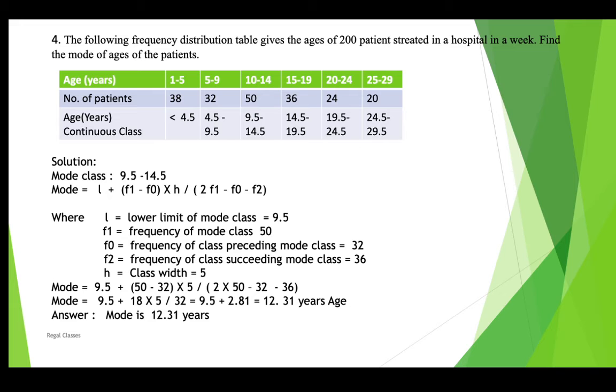See here 5-9, 10-14. It's not continuous. So first you have to convert it into continuous classes, which is given here in the last row. The formula is applicable only for continuous classes.